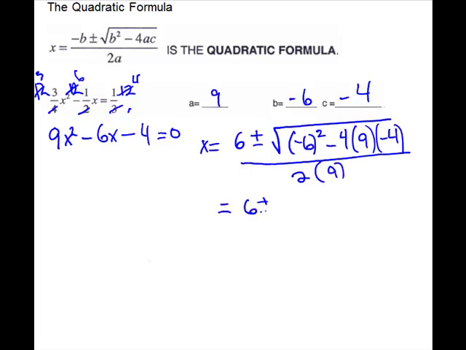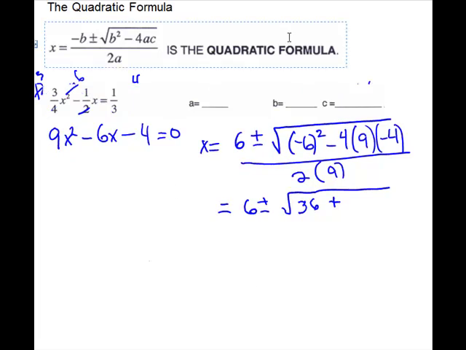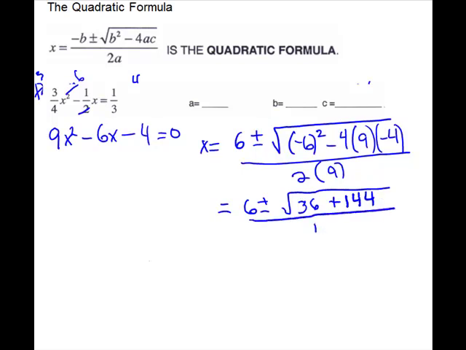So 6 plus or minus the square root of 36. Two negatives will give us plus, and I have 16 times 9. Gives 144. And we're over 18. We have 6 plus or minus the square root of 180 over 18.